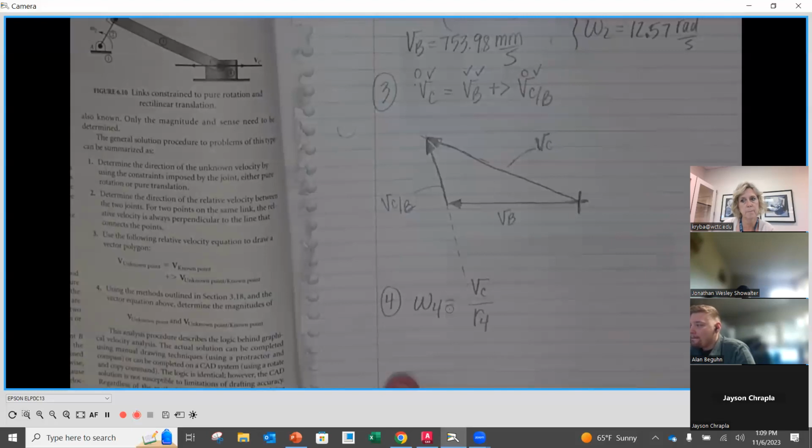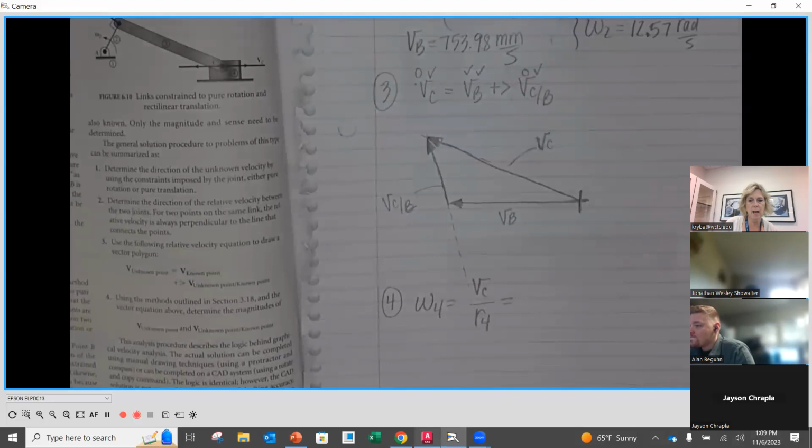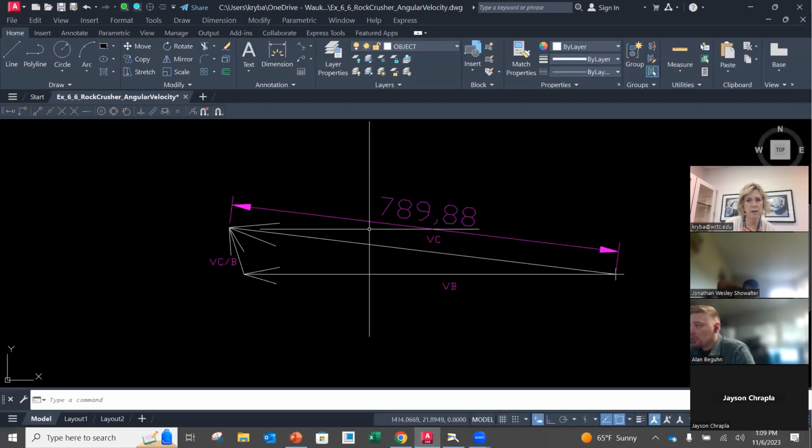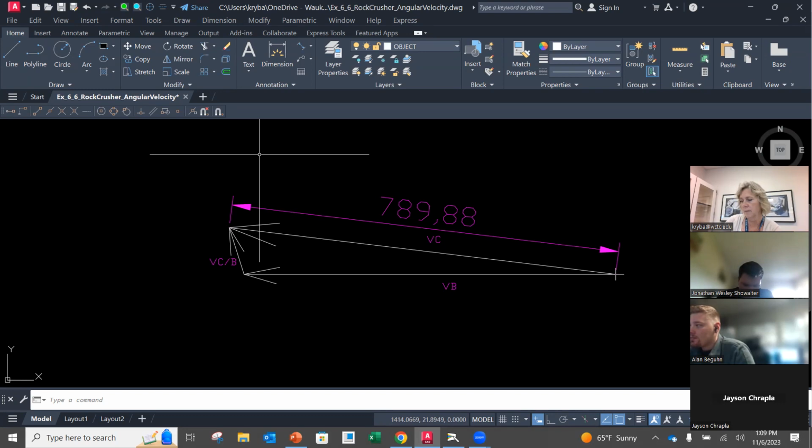Okay. So go ahead and plug in your values. You'll notice I'm going to use the one off of our AutoCAD here for the velocity of C, since we've been using more accurate numbers than what the book is. So our velocity of C will be 789.88 millimeters per second.